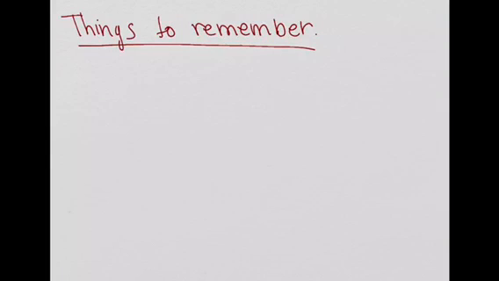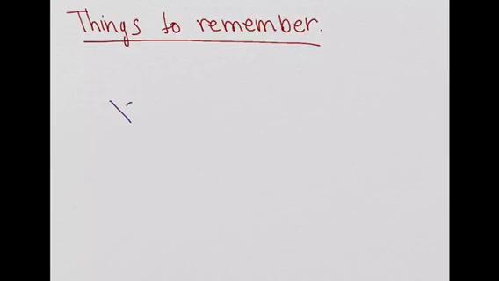Now, before we see the examples, let's remember this: if you have something like x squared and you wish to cancel the square, you're going to do the square root. The same applies if we have the square root and we want to cancel the radical, we can square both sides.